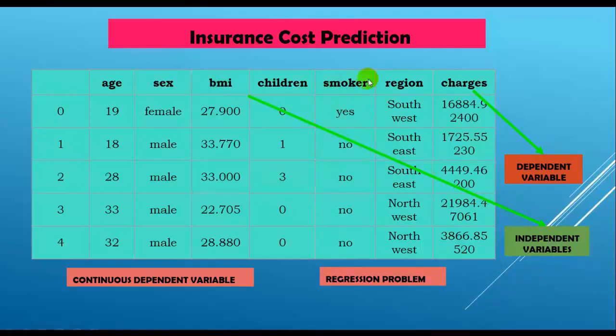As you can see over here, smoker, yes or no. Region, beneficiary's residential area in the US, which contains 4 values: Northeast, Southeast, Southwest, and Northwest. And our dependent variable, charges, individual medical costs billed by the health insurance. So we are going to predict charges based on age, sex, BMI, children, smoker, and region.